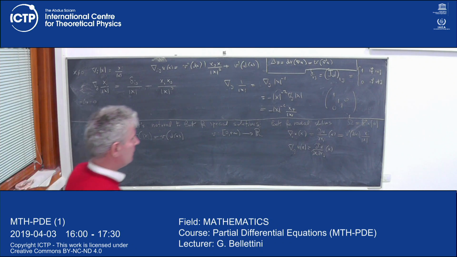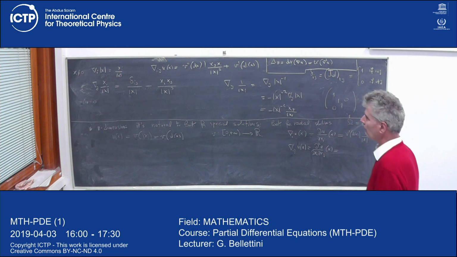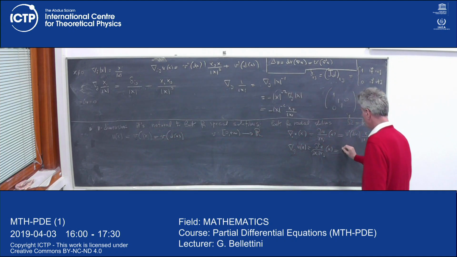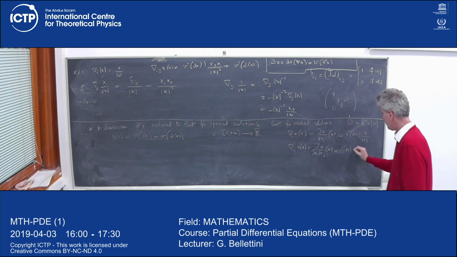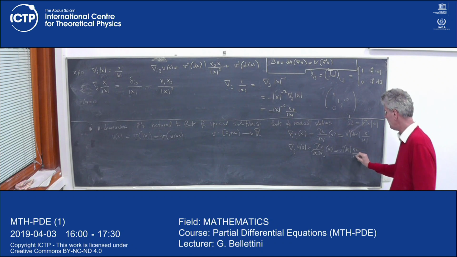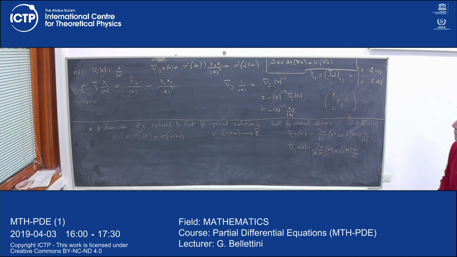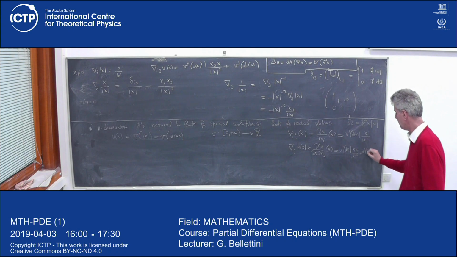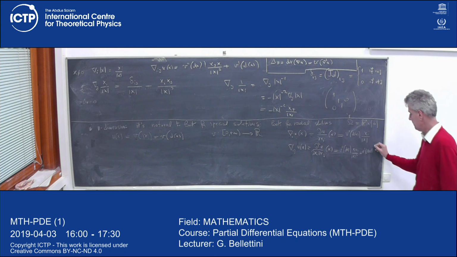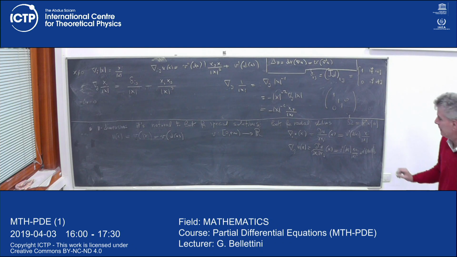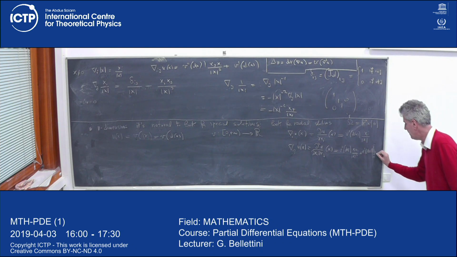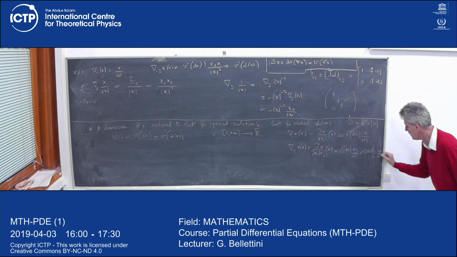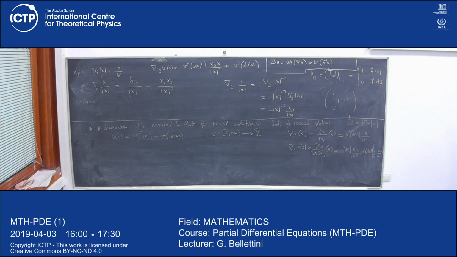So where is the expression? Let me write it here. So it's v second of |x|, times x_i x_j divided by |x| squared, plus v prime of |x|, multiplied by that matrix, delta_ij minus x_i x_j over |x| squared.